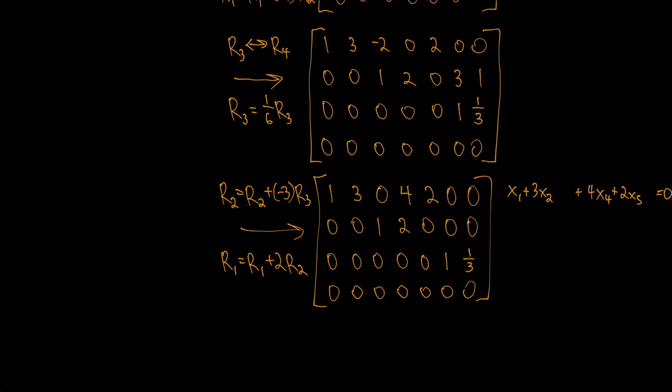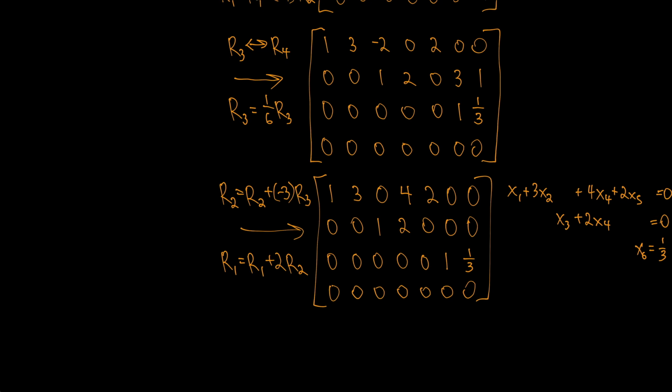I didn't leave myself very much room, but I think I could still make it work. x3 will be plus 2x4, and that's it for that row, so that's 0. And then I've just got 1 x6 equals 1/3.